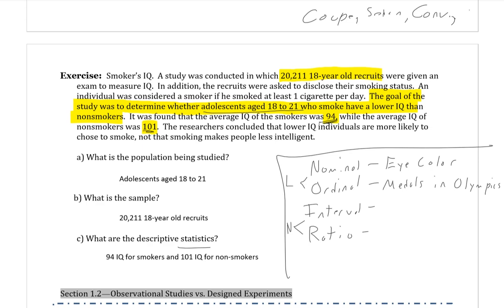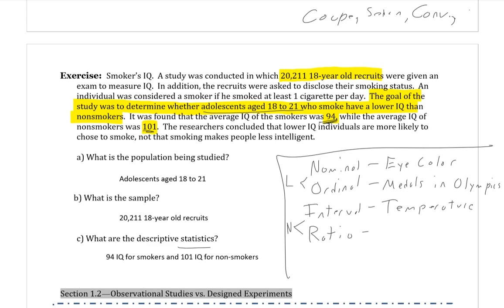If I look into a field and I say that there are 0 trees, that means that there are no trees there. If there is a weight of 0, that means that there is nothing there. There's no weight. However, there are a very few amounts of variables that are considered interval, where 0 doesn't mean nothing. The biggest example of interval is temperature.